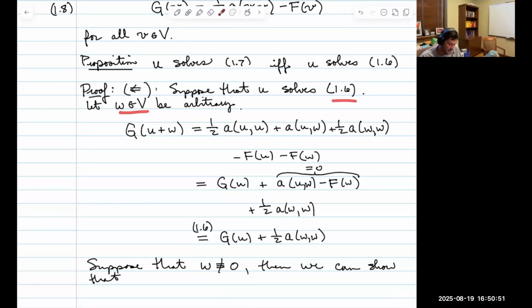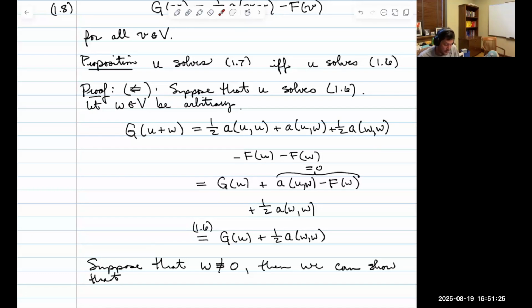Let's let w be an arbitrary function in V. I'm going to call these functions, but later on I might just call them points because an element of a set is often just called a point. But in this case, you should understand that this point is really a function. We're going to let that be arbitrary, and I'm going to examine g(u+w). u is that special function which we said solves 1.6, and w is anything else, arbitrarily chosen.